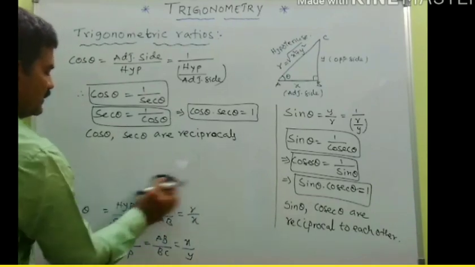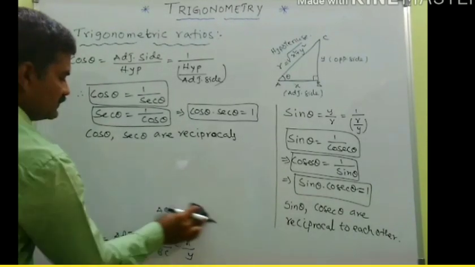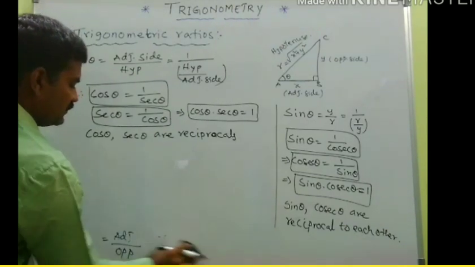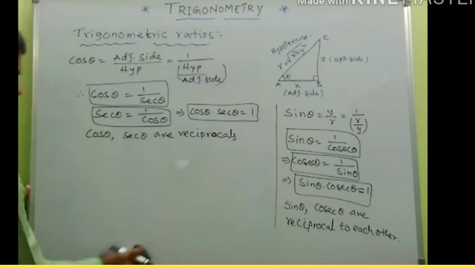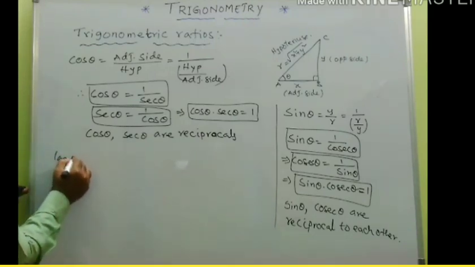Now look at point number 3. Can you guess what is the other pair? So basically, what is the formula for tan theta?